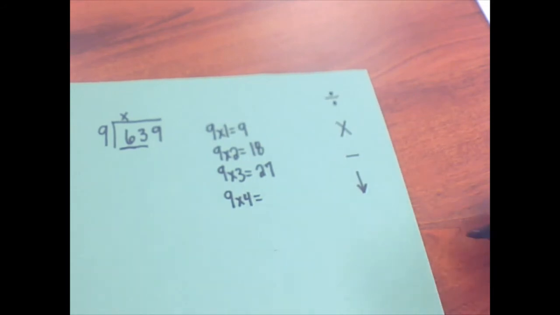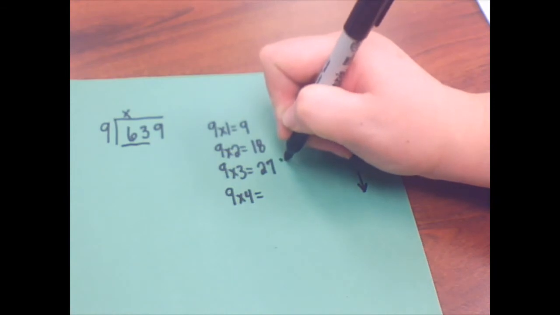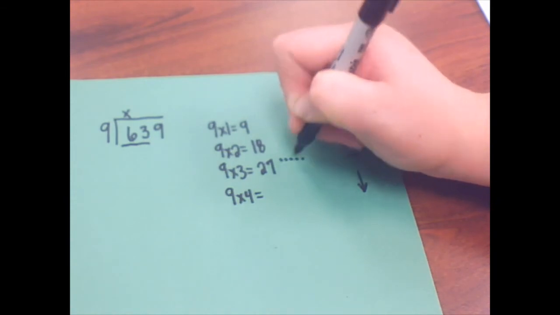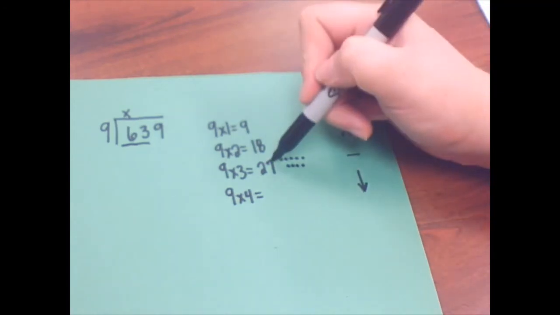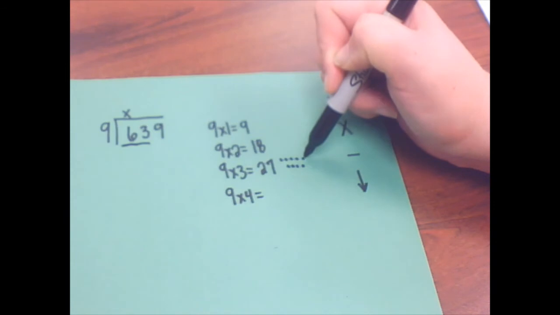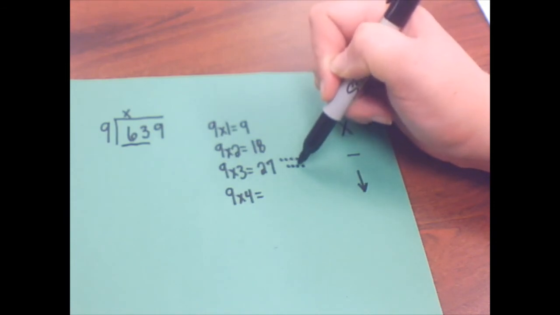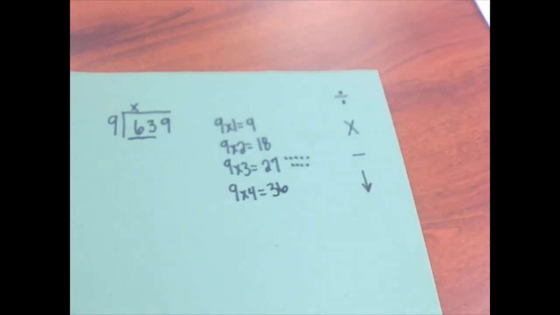Just like we did before when we wrote 6 dots, this time we'll write 9. And I can count on 27, 28, 29, 30, 31, 32, 33, 34, 35, 36. So 9 times 4 is 36.